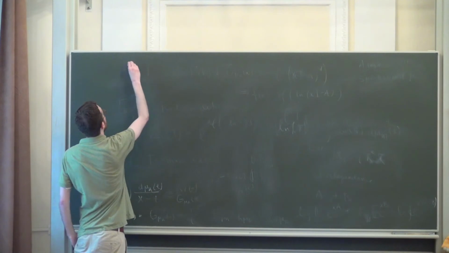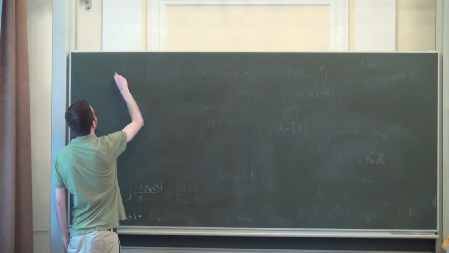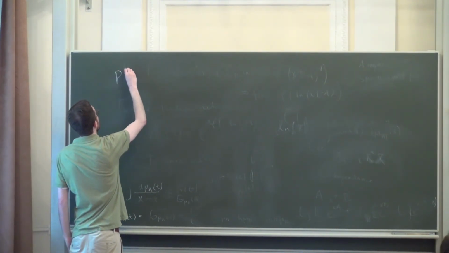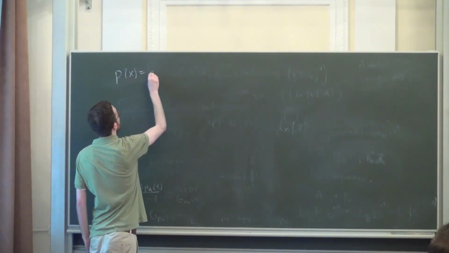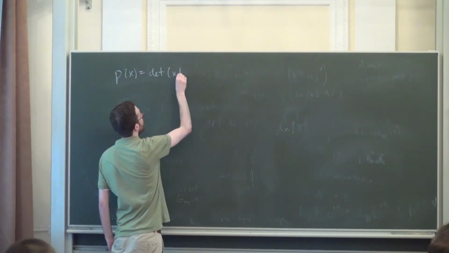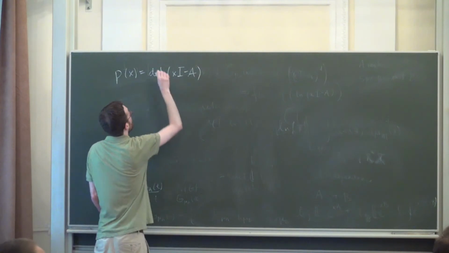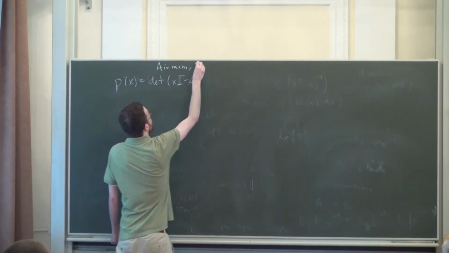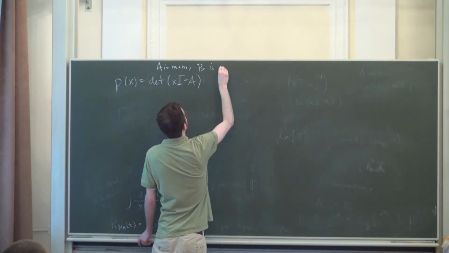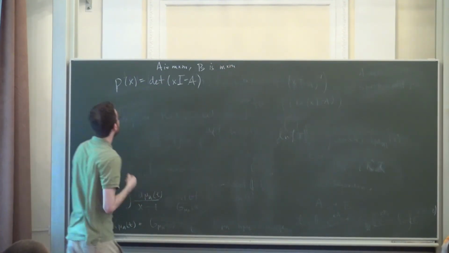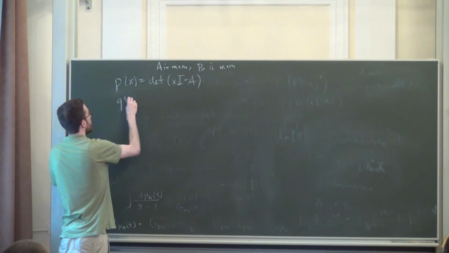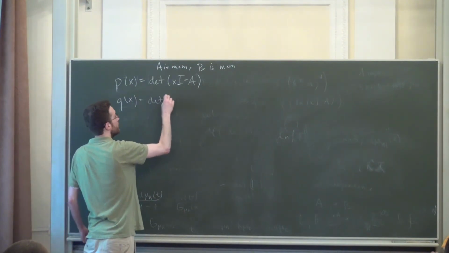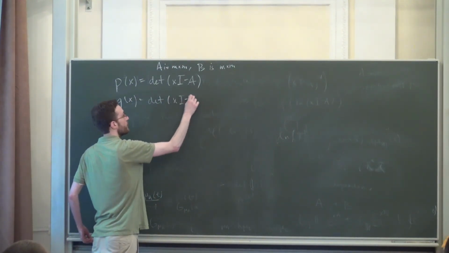So let P of x be the determinant of xI minus A, where A is m by m, B is m by m, and Q of x is the determinant of xI minus B.